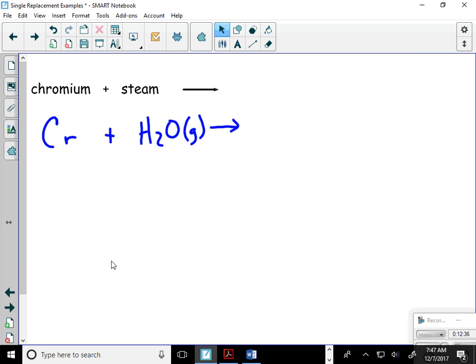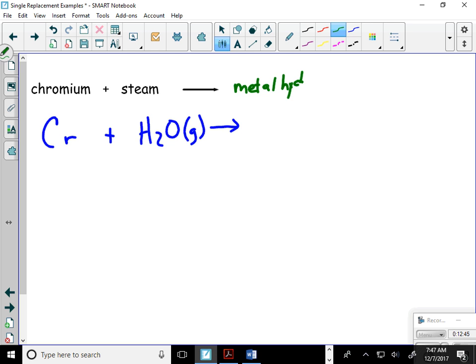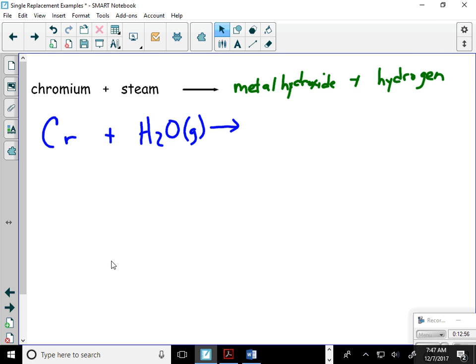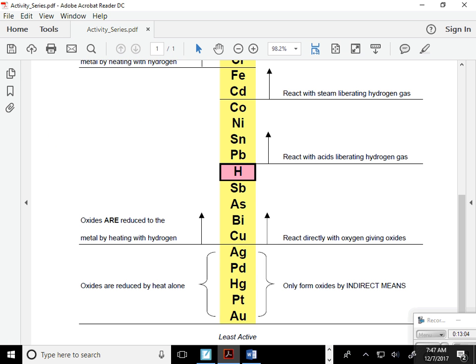So my products are going to be a metal hydroxide plus hydrogen. Now where do I go? To the activity series.